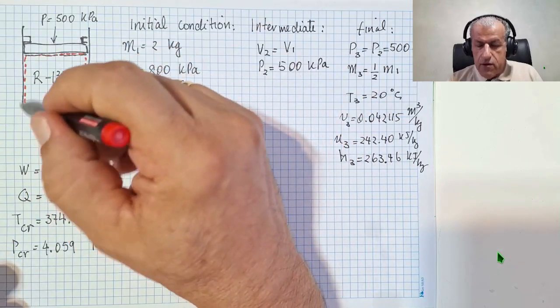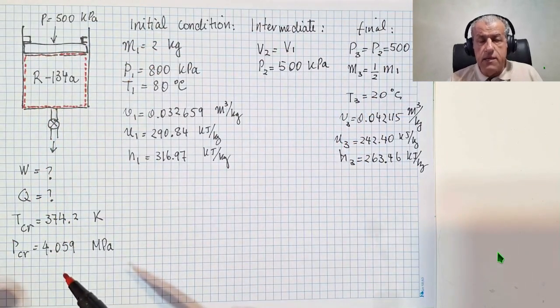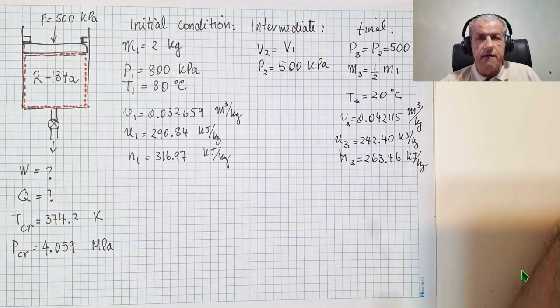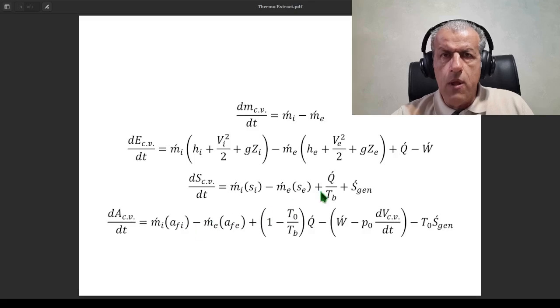So we have a control volume inside our cylinder piston, and we want to simplify the governing equations for this very boundary. Well, here are our governing equations, and our problem has initial and final conditions. So this term would be integrated to M3 minus M1, and this one would be M3U3 minus M1U1. There is no change in velocity, and there is no change in elevation.